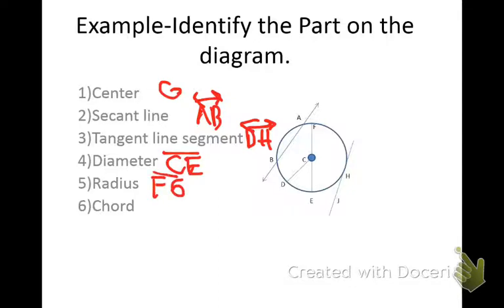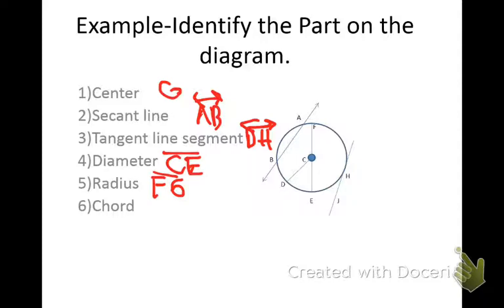Chord. Give me a chord in the circle. Kennedy, what do you think a chord would be? GE. That's a radius. GE is a radius. A chord has endpoints on the circle.